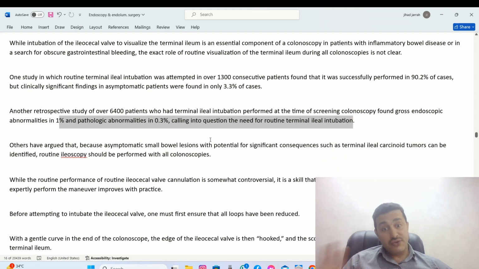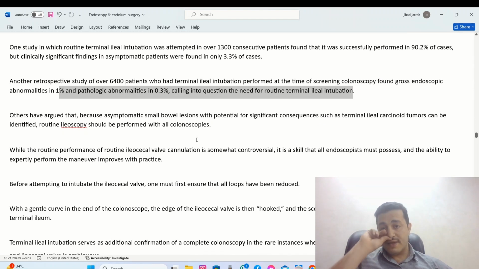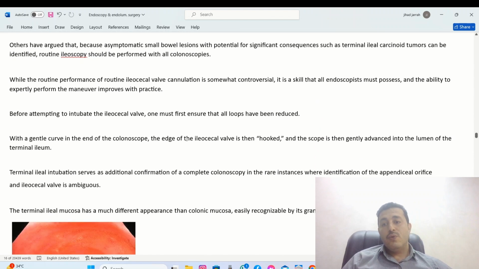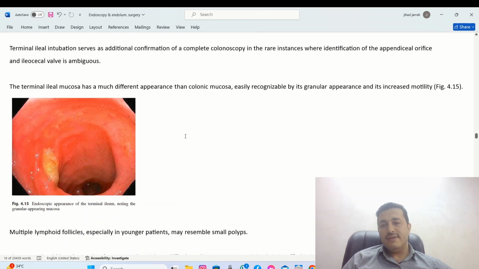We said we have two scenarios, inflammatory bowel disease and lower GI bleeding, in which we may need to intubate the ileocecal valve and the ileum. What differs in the ileum? When we enter the ileum, it looks granular.